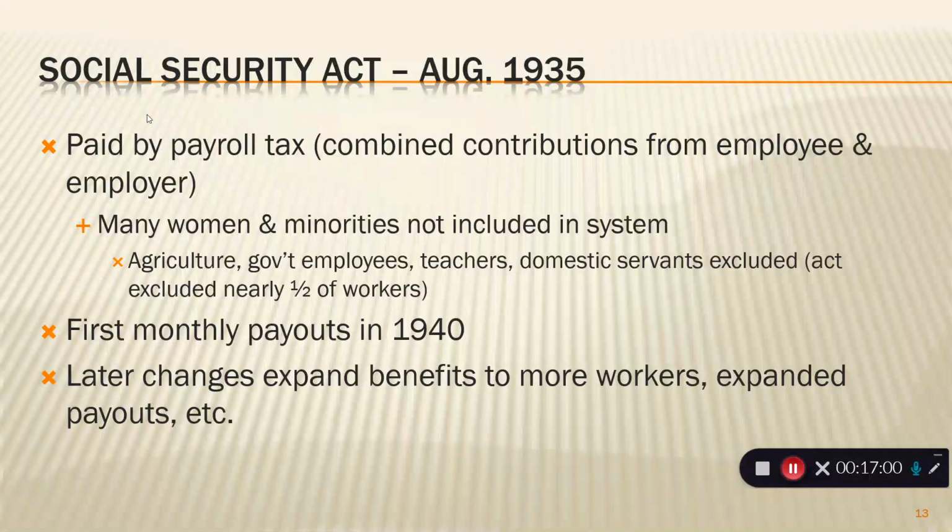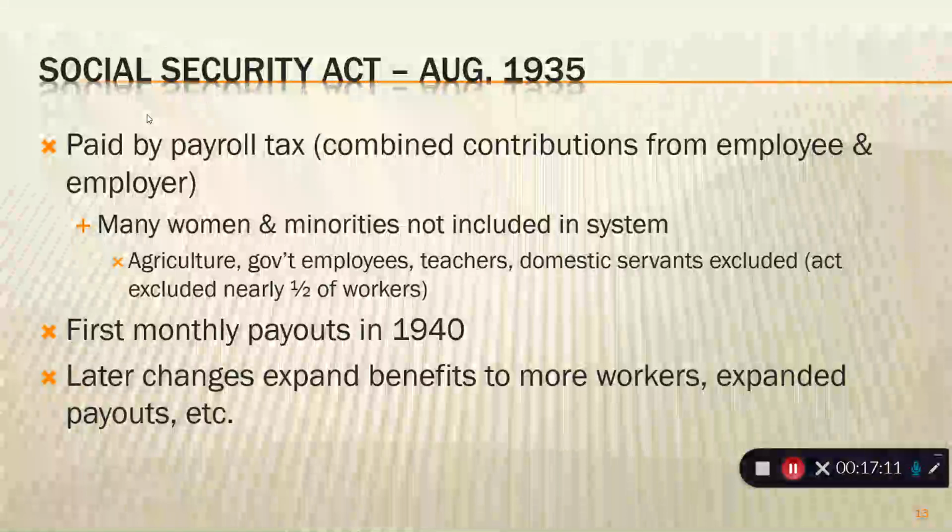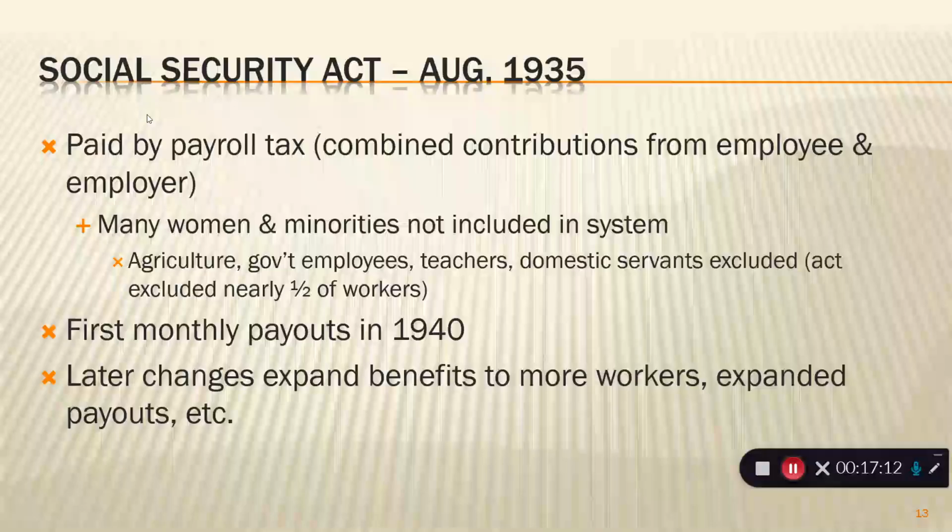Probably the most famous of the things that comes out of the New Deal then is Social Security. Social Security goes into effect in August of 1935. And it is, as you may be aware, a payroll tax. In other words, part of your weekly or biweekly or monthly income ends up going to the Social Security Administration.